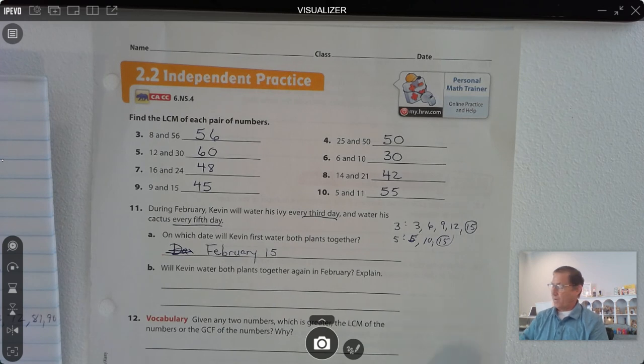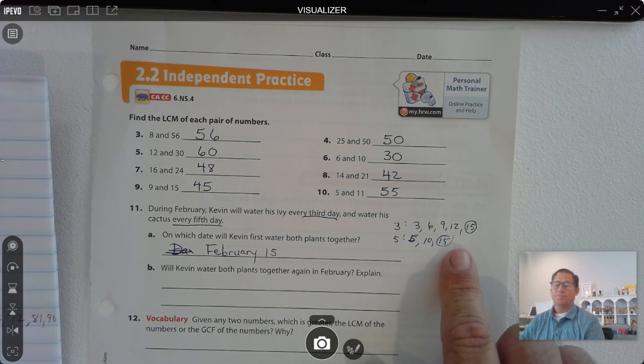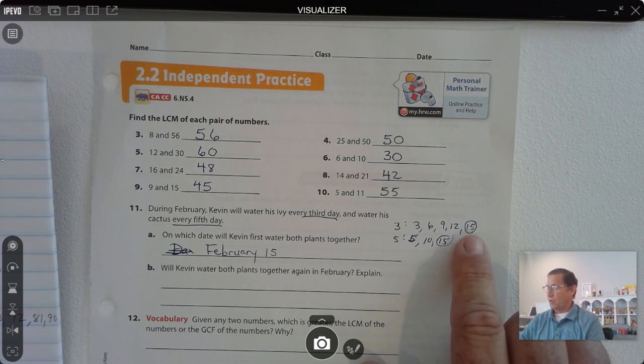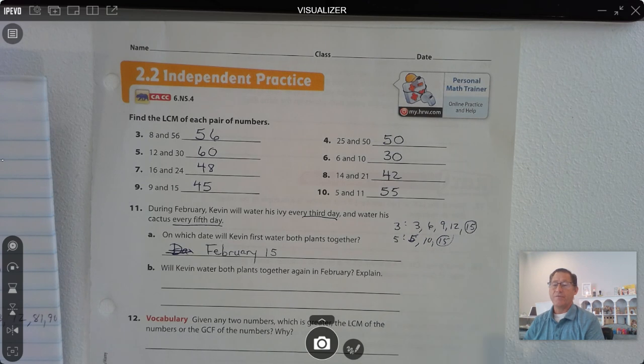All right, so I know the next multiple is going to be a multiple of 15 in this case, because the smallest number in common is 15, so the next number in common will be 30.